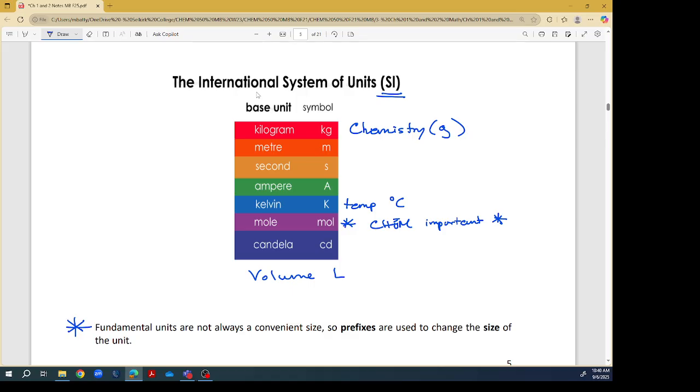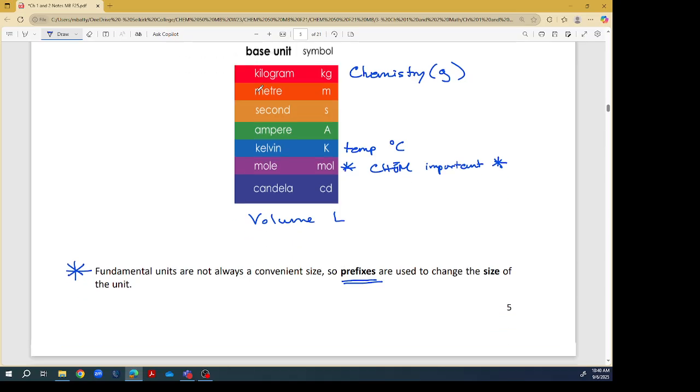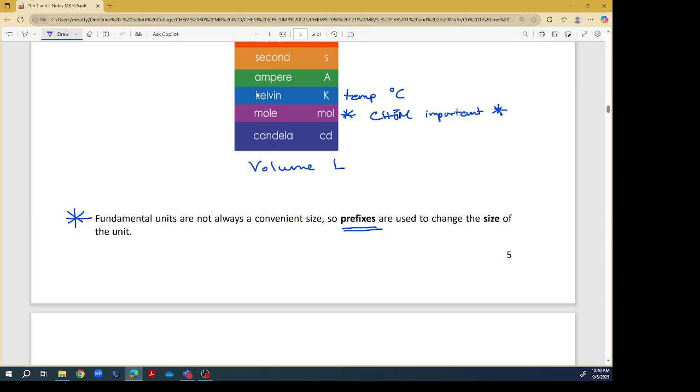So as an example, milliliters and liters, or grams and kilograms, have prefixes on the base unit. So as an example, we could talk about base units in the world of science. So it has no prefix. So a base unit might be the meter, right? That's the base unit.